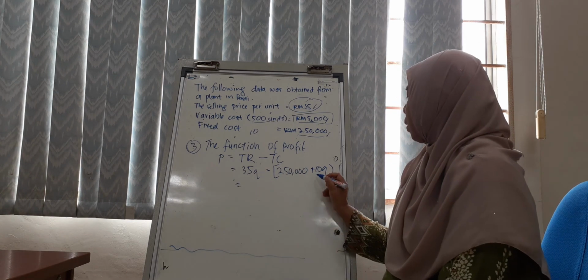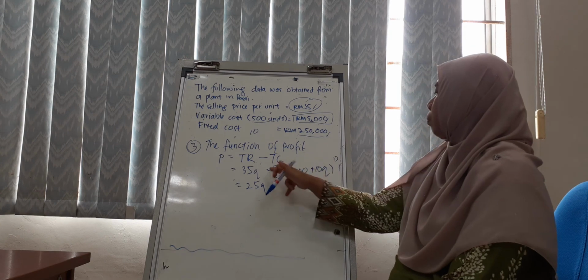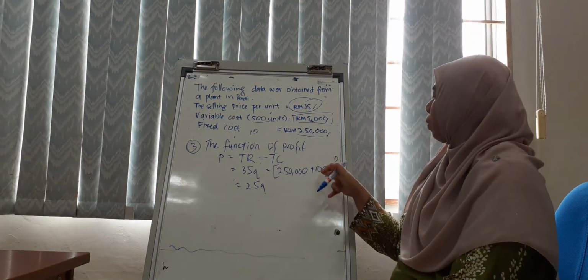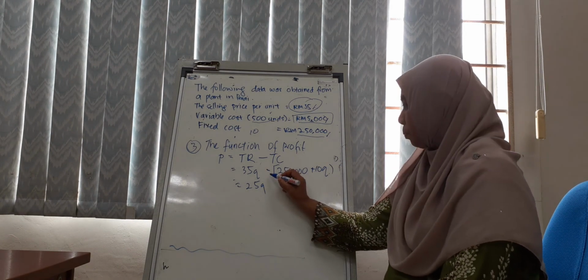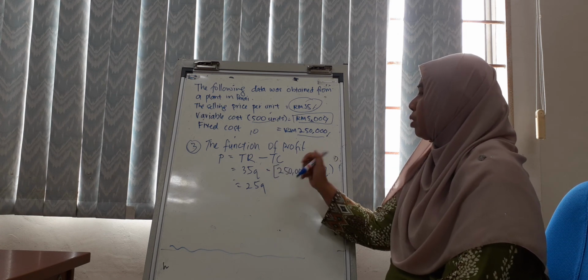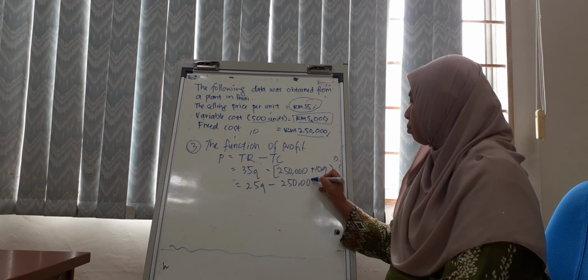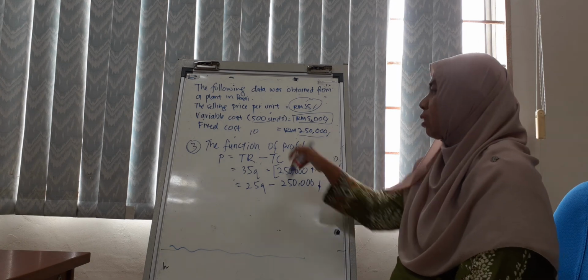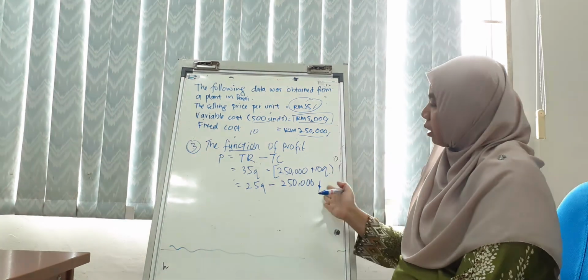So 35Q minus 10Q will be 25Q, and minus positive will be minus, so minus 250,000. This is the profit function, because this is still a function, so no need to identify the value. Just leave it like this.